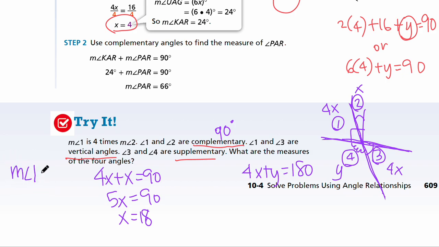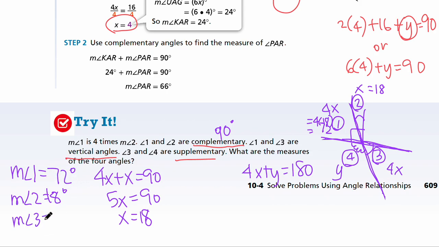Measure of angle 1, we don't know yet. Measure of angle 2 is 18 degrees. So 18 times 4 would be 72. This 4x is now 4 times 18, which is 72. So this is 72 degrees.